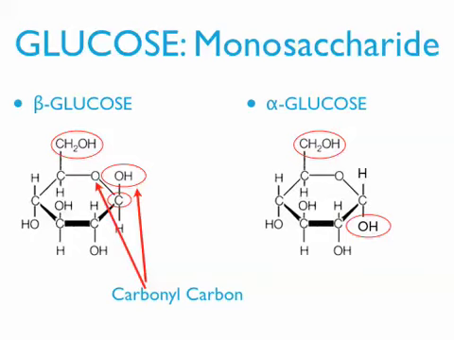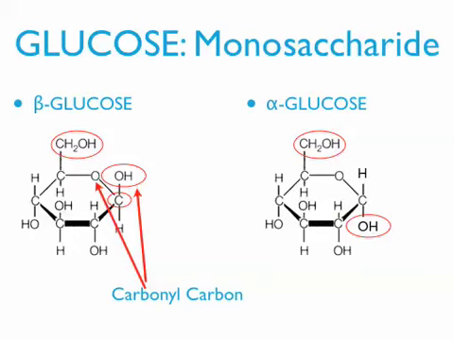Therefore, the defining characteristic of beta glucose versus alpha glucose has to do with the hydroxide group on the carbonyl carbon. If the hydroxide group is on the same side as the methanol group, we have beta glucose. That's the one on the left.